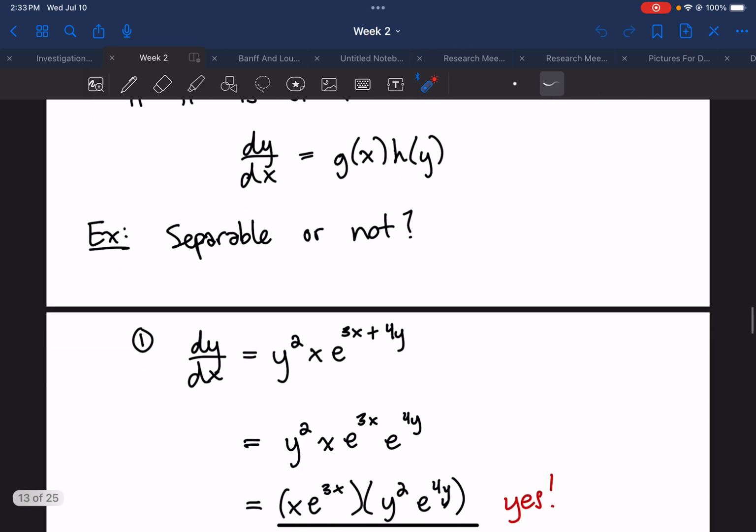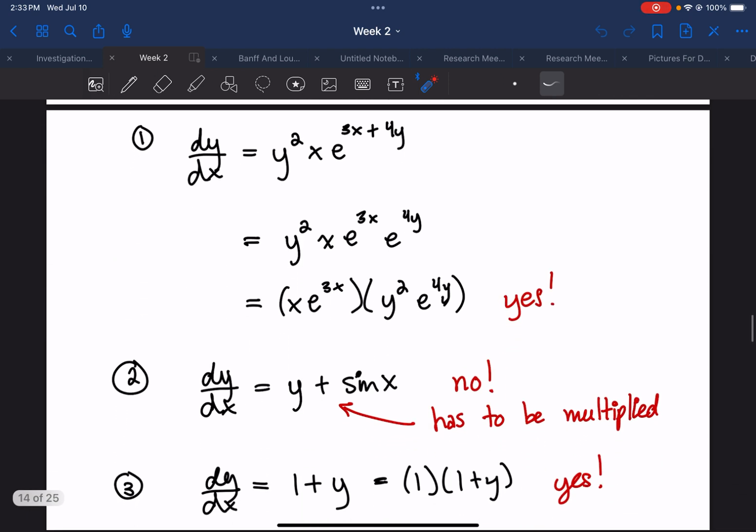First one. Dy dx equals y squared x e to the 3x plus 4y. Right now, it's not in the form of some function of x times some function of y. But with a little algebra, we can separate this exponential. Remember that addition in the exponent becomes multiplication in the base.